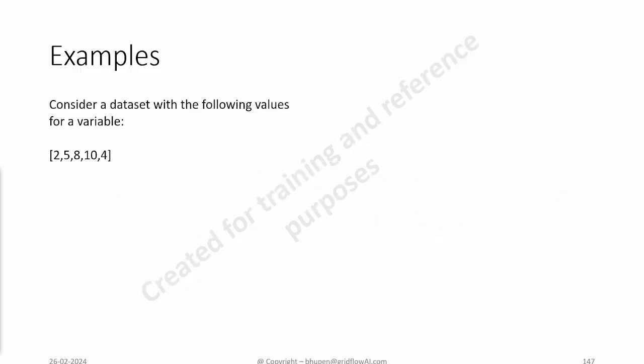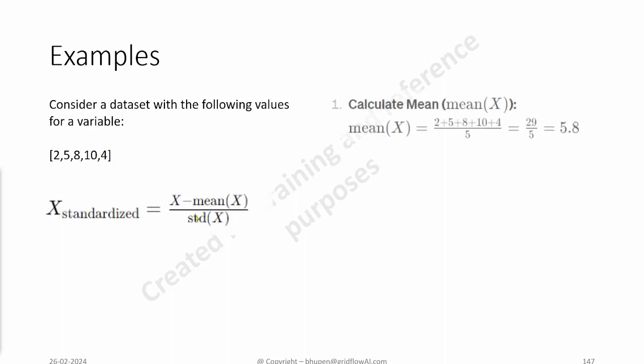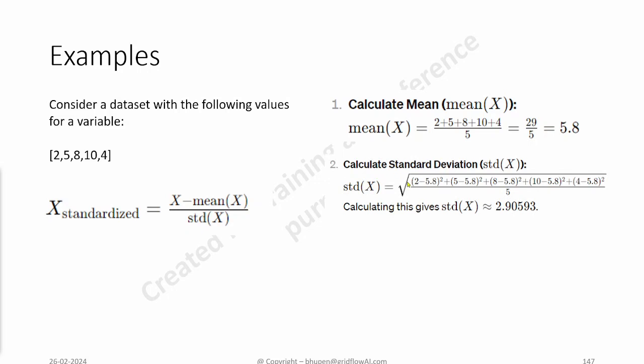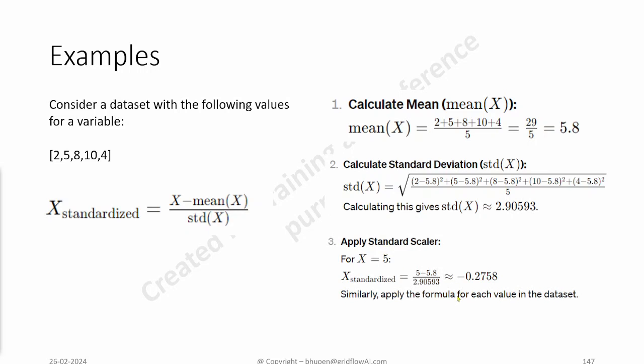So let's look at an example here again. Let's say the data series is 2, 5, 8 and so on and so forth. You're going to compute the mean. Let's say 5.8 is the mean, and then the standard deviation, exactly the method that we saw in our basic statistics class. So this is our standard deviation, and you apply that mean and standard deviation to each of these values, and you get the transform.